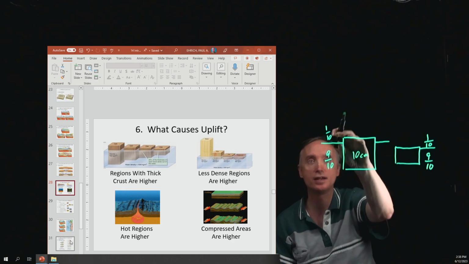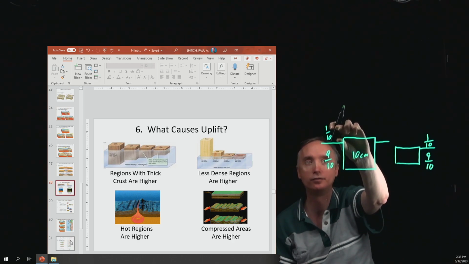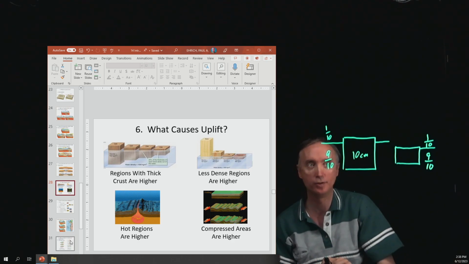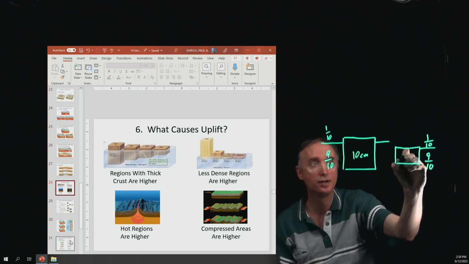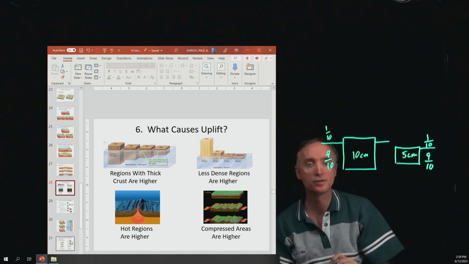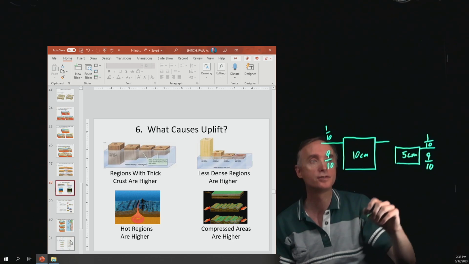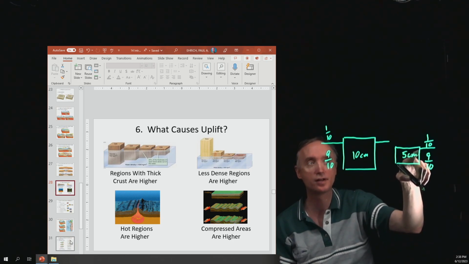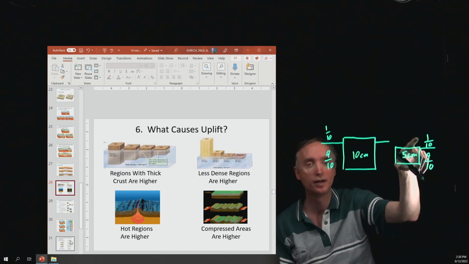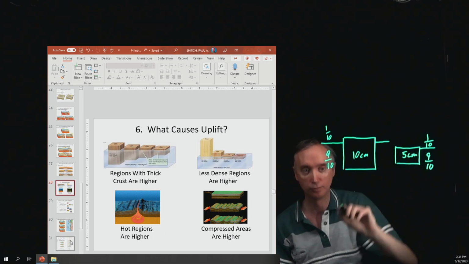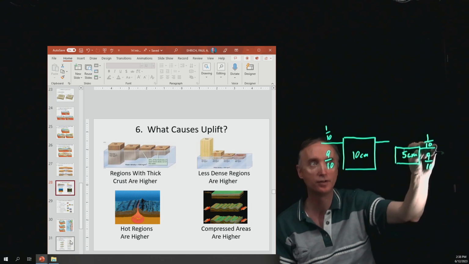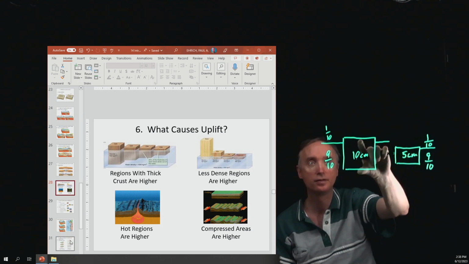Then 1 centimeter would be above, and 9 centimeters would be below. But let's say this one over here is only 5 centimeters thick. Then 0.5 centimeters would be above, and 4.5 centimeters would be below. So less of it is going to stick up out of the water because it's thinner than this one over here.